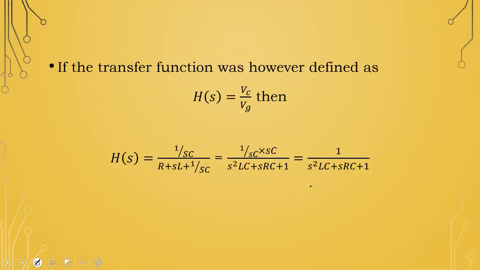This is using the voltage divider rule. Again, as before, if I multiply both numerator and denominator by SC, then I end up with this expression. Of course, the denominator remains the same, but there's a change in the numerator.